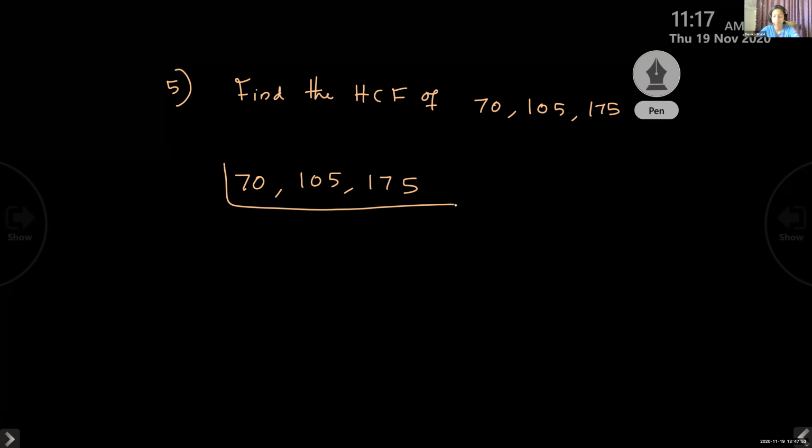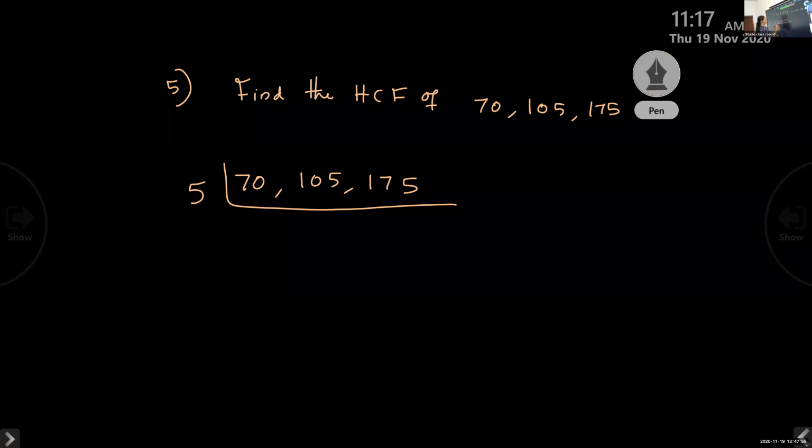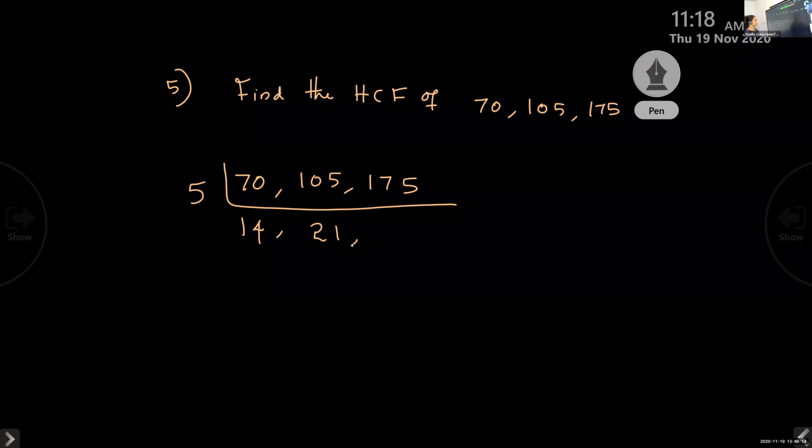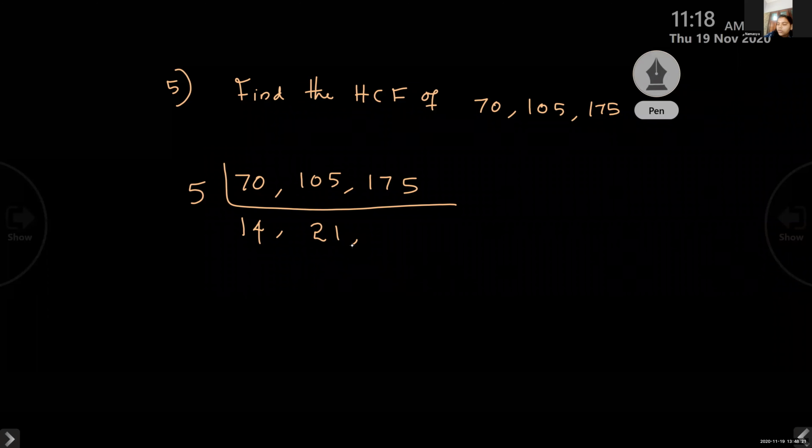We divide with the 5. So, 5, 1, 20, 14. 14. Clear? And this is 21. You check whether you are getting the same answer. And this is 35.